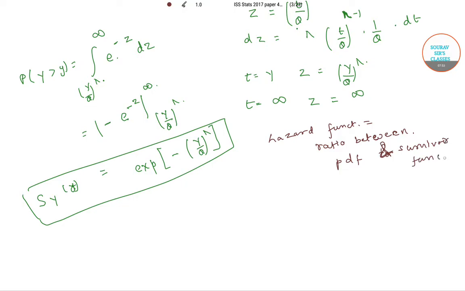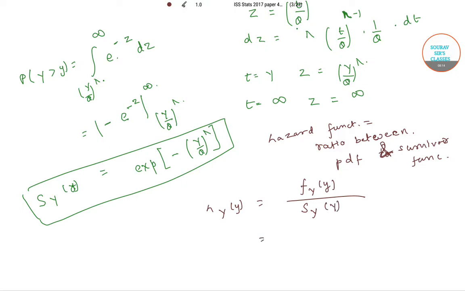Hence the hazard function denoted by H(y) is equal to the ratio of the PDF denoted by f(y) and the survivor function or reliability function denoted by S(y).